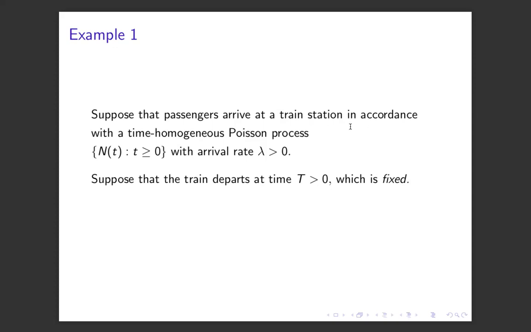So passengers would be arriving before time capital T. Of course, the people who come after time T just miss the train. That's it.